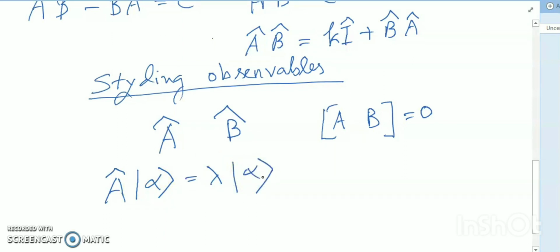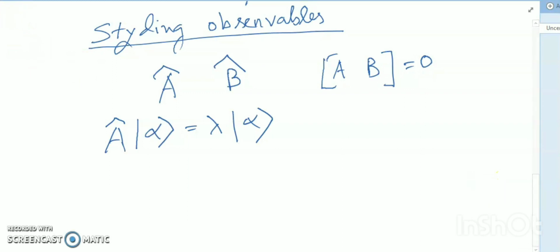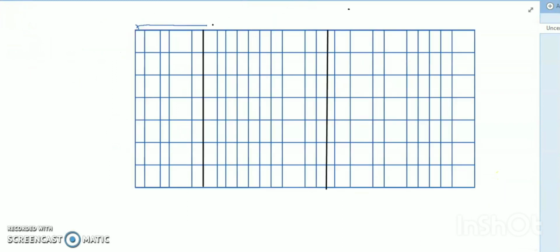To see how alpha relates to observable B, we will analyze two transformations.